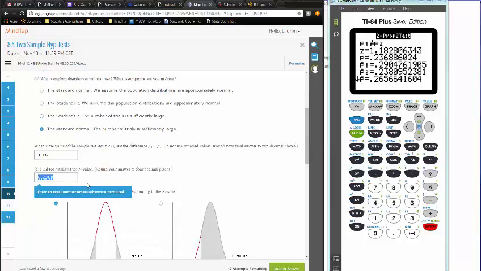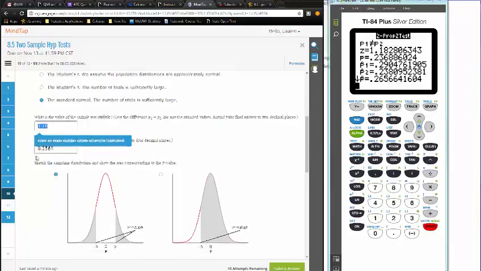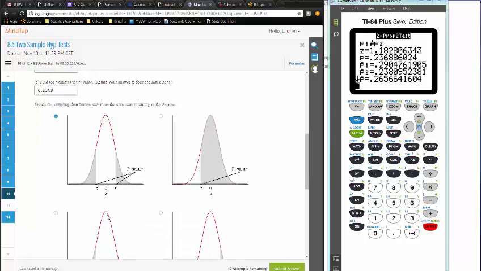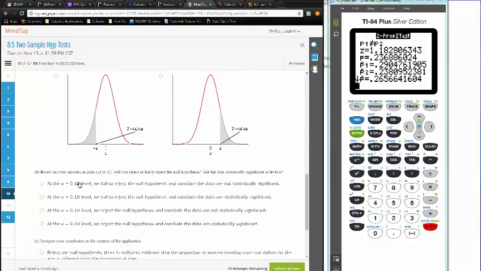This means that 23 or 24% of the time we will get this test statistic, 1.18, under the assumption that there's no difference in the sample proportions. So we are going to fail to reject at alpha equals 0.10, fail to reject because the data are not statistically significant.